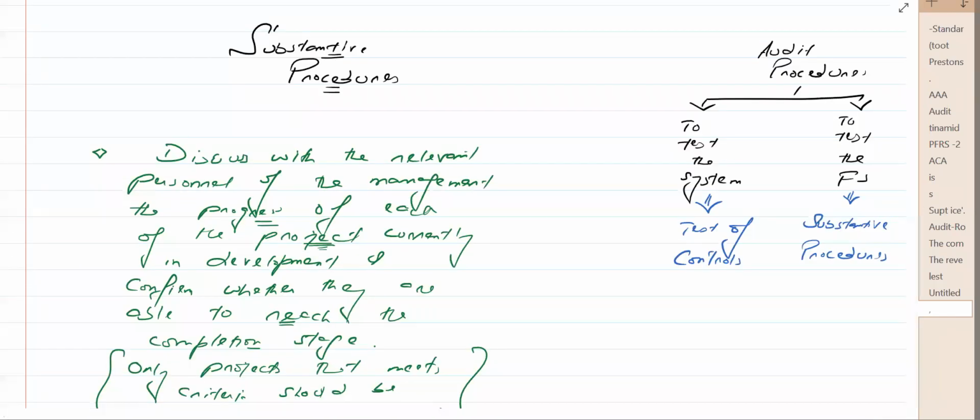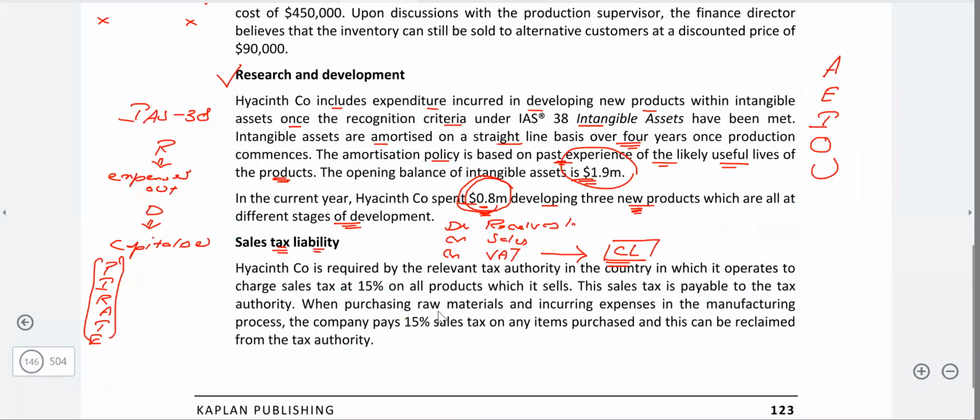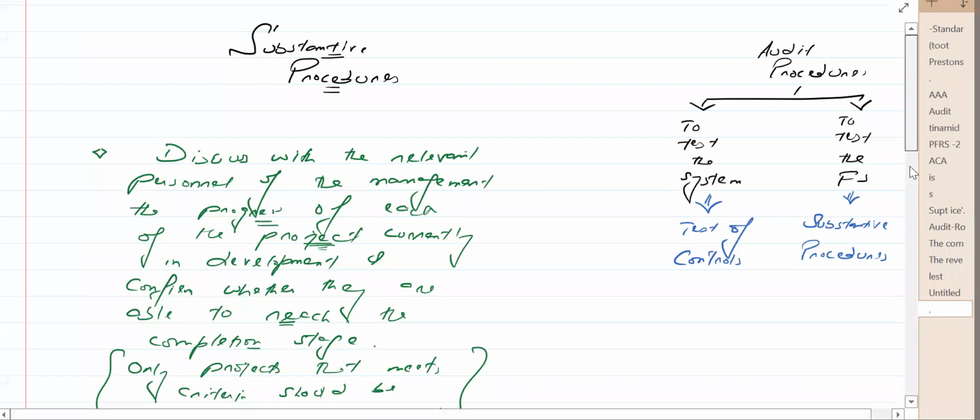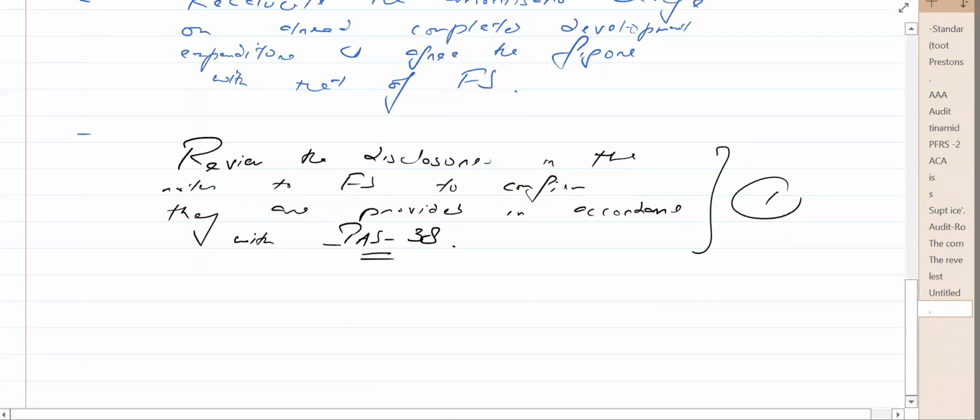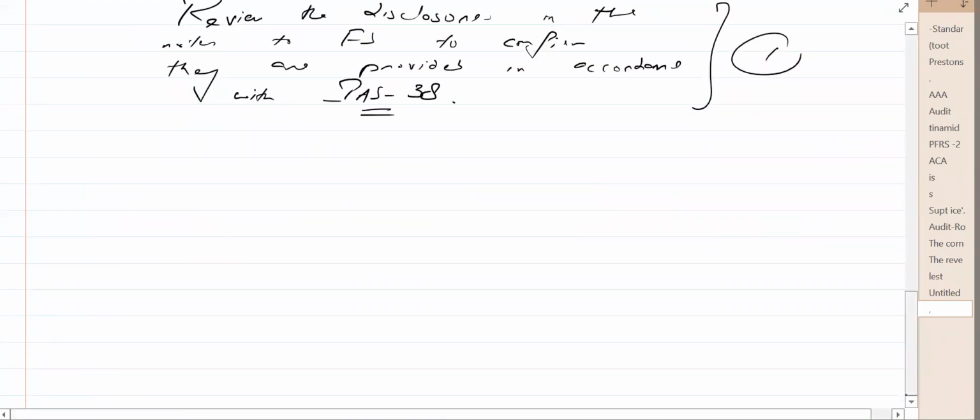All you need to do is to just understand the accounting that, okay, research should be expensed out, development should be capitalized only if the criteria is met. And then we have this A, E, I, O. You can also write it, for example, because they already have the opening balance from the previous year.